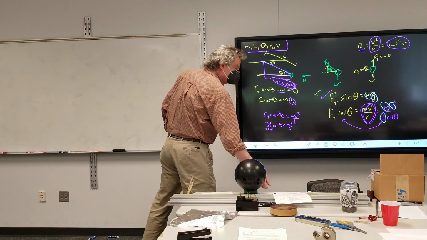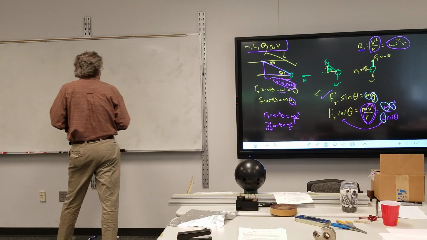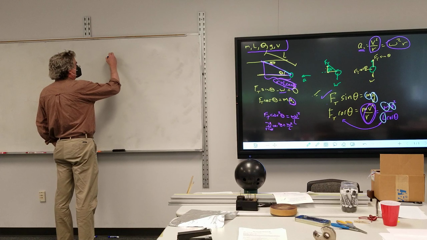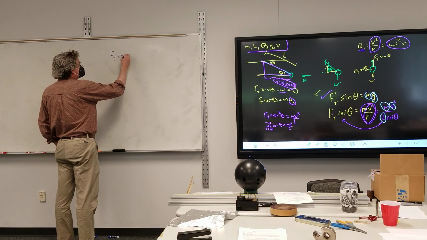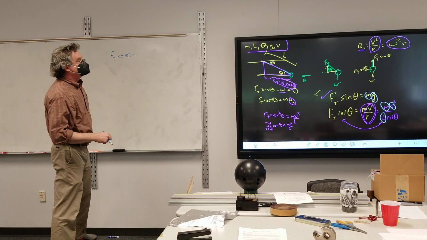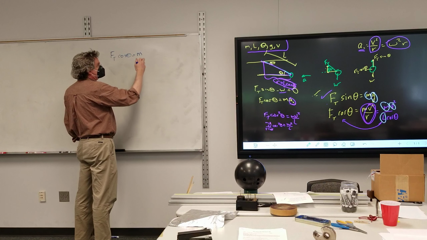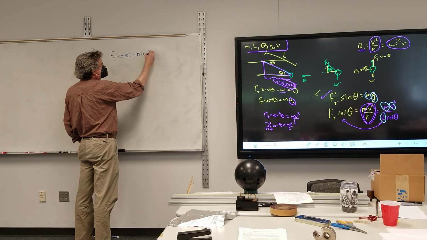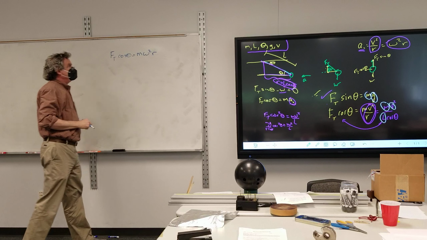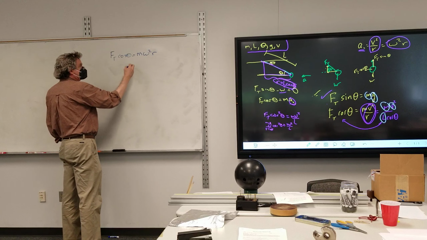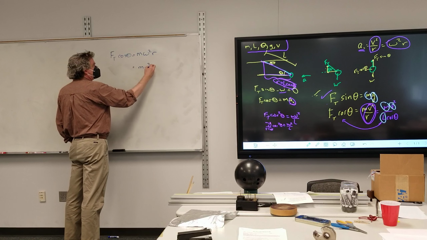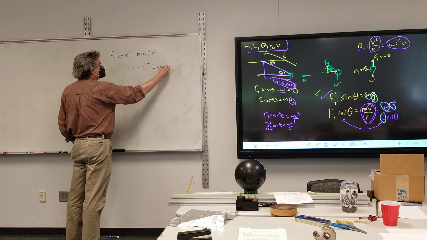So, I have tension cosine of theta is equal to mass times the centripetal acceleration. Well, the centripetal acceleration is also omega squared r, which is m omega squared L cosine theta.